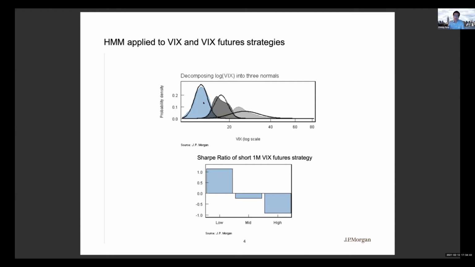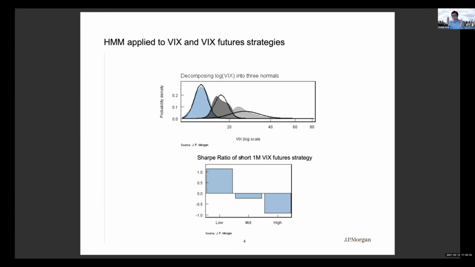So what's the application of volatility regime in investing, right? One, actually a very interesting example, is on the application of the short VIX strategy. So we probably all know this, just naively shorting the 1 month VIX future strategy. There are ETFs on it.